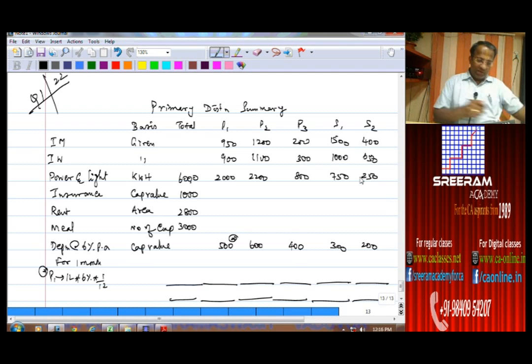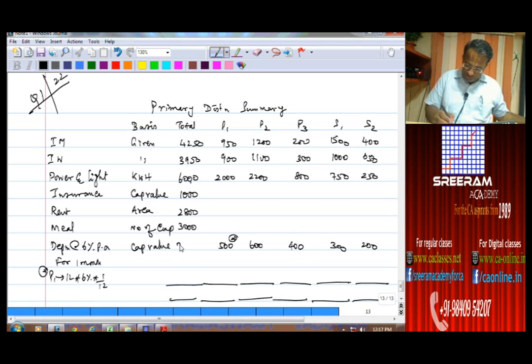And similarly indirect material total 950 plus 1200 plus 200 plus 1900, 4,250. Indirect wages 900 plus 1100 plus 300 plus 1000 plus 650, 3950. Then capital value 500 plus 600 plus 400 plus 300 plus 200, 2000.